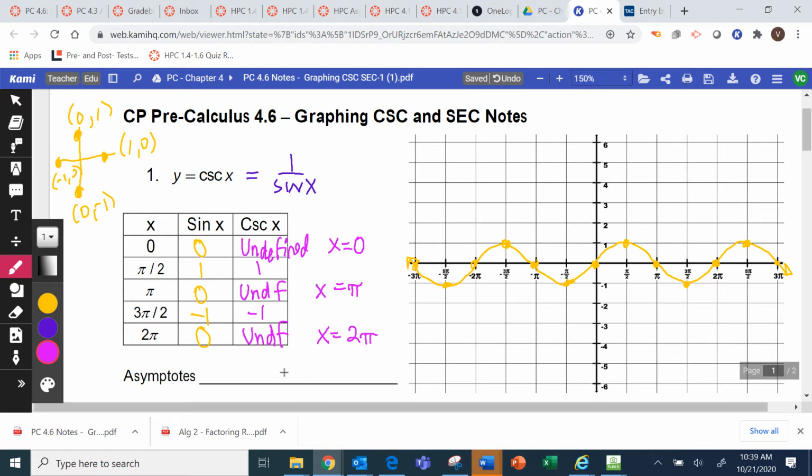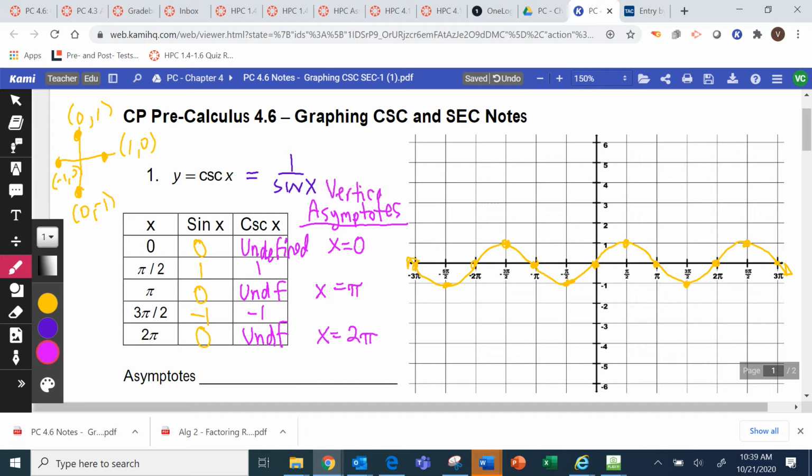The graph is undefined. And when we have an undefined graph, what's going to happen is they're going to be asymptotes. It doesn't always make an asymptote when something's undefined, but it is going to make an asymptote for the cosecant. So it's going to be a vertical asymptote. I should be specific.